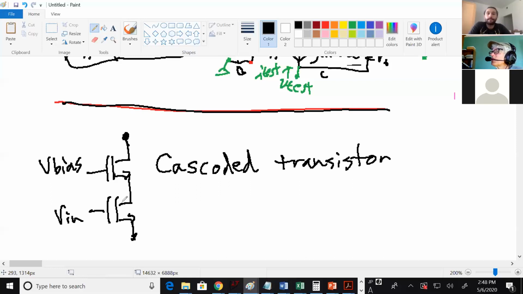Let's see what cascoding does. Cascoding is actually a verb. Let's see what cascoding does to the R out.